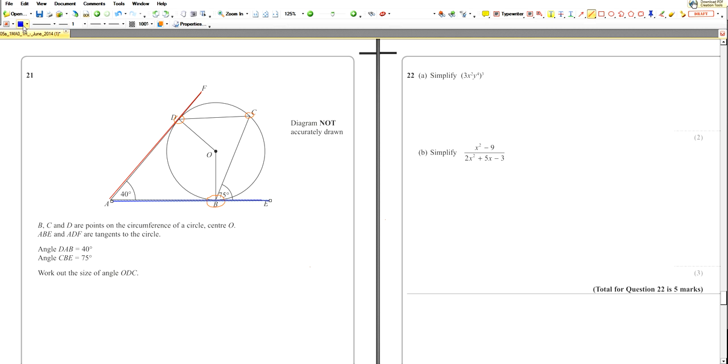Back to red. Let's undo that one and let's get a blue one. So this is our radius, and when it touches the tangent, it always meets at 90.